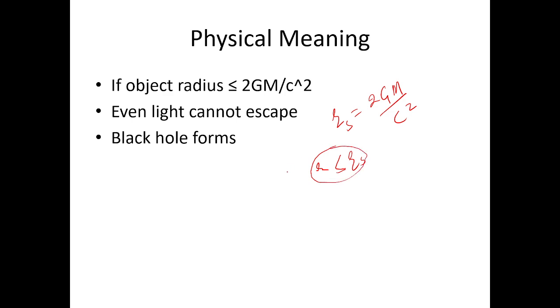Even light will not escape from that region. Where the radius is less than the Schwarzschild radius, the light itself is trapped and cannot escape from the region. So this is the condition for the black hole.